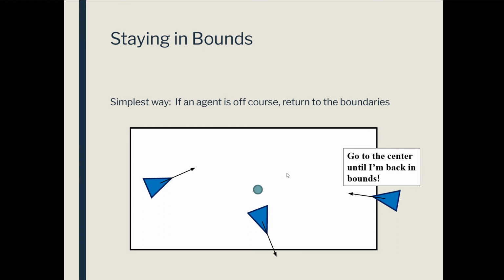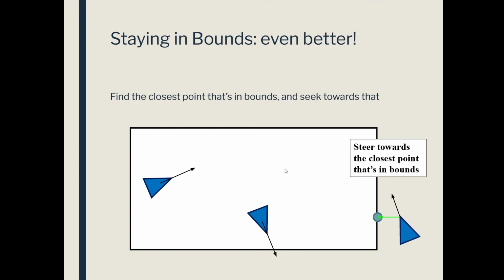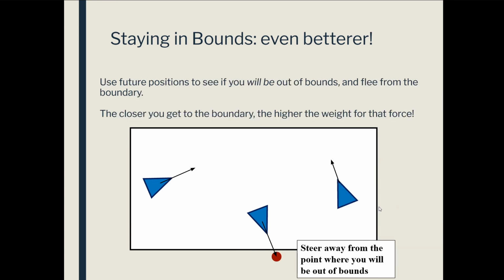The second method that we can use, which is a little bit better than this, is if we go out of bounds, we can find the closest point that's still in bounds and seek towards that. And then lastly, the best method that I would say is we can look at our future position of our vehicle, see if our vehicle will be out of bounds.